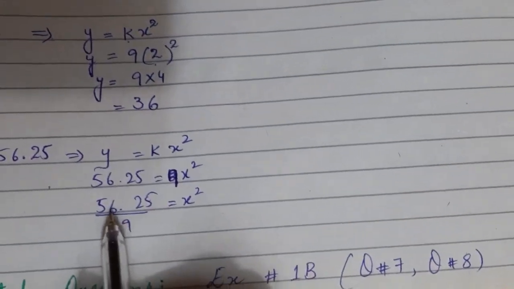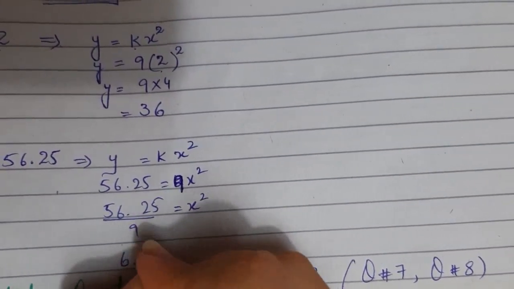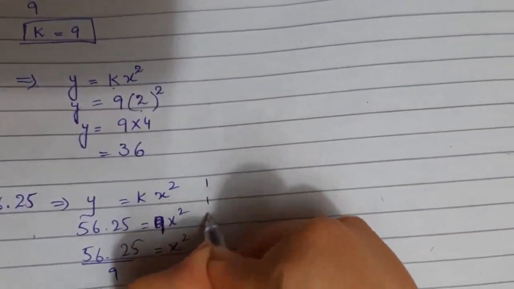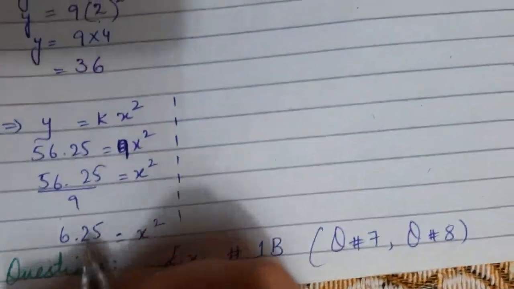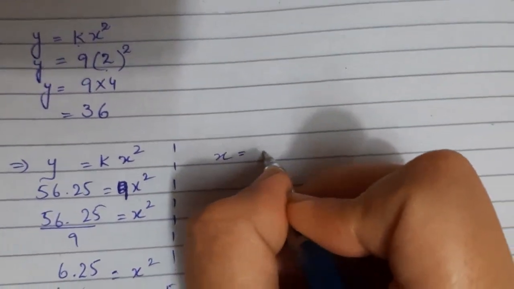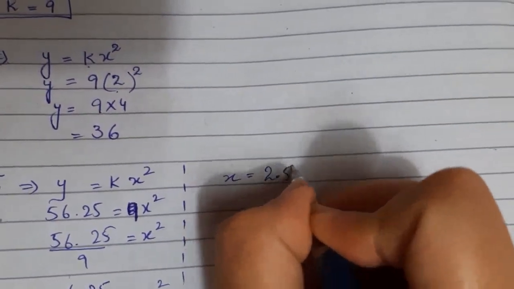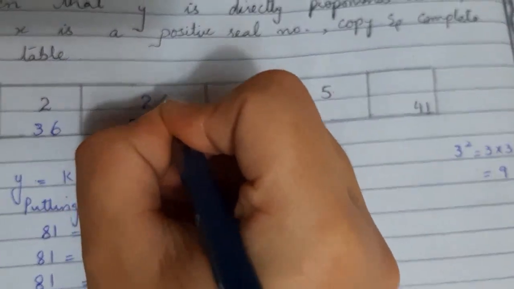When we divide 56.25 by 9, we will get 6.25. After this, we are going to take the square root on both sides so that we can get the value for x. x will be equals to 2.5. So here we get the value of x, which is 2.5.